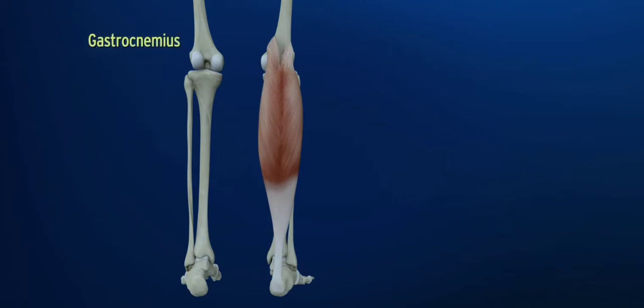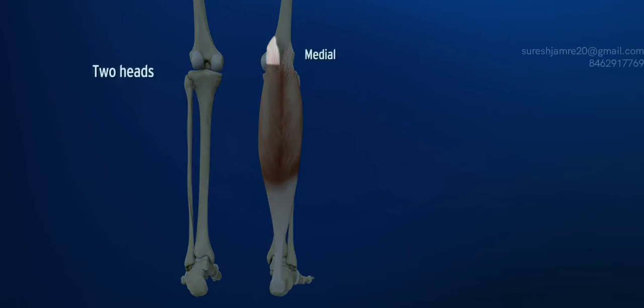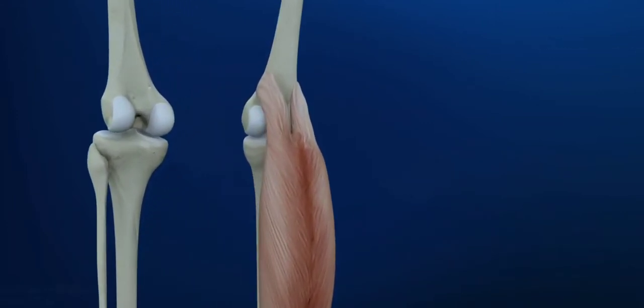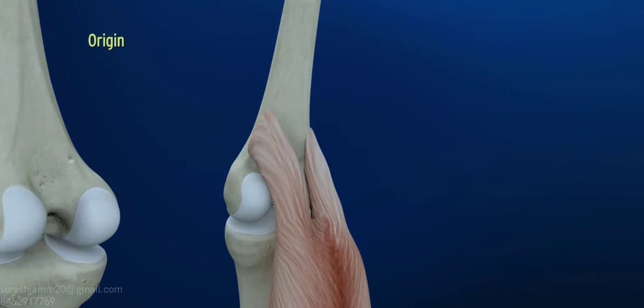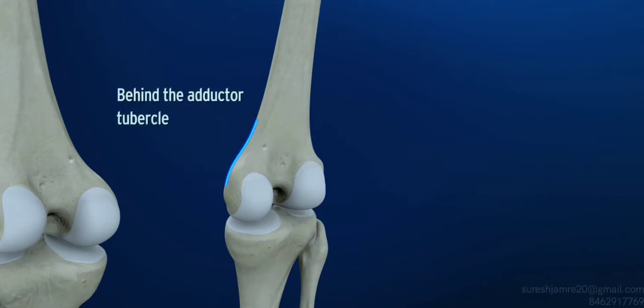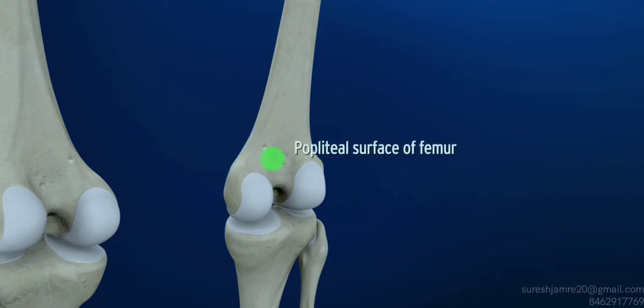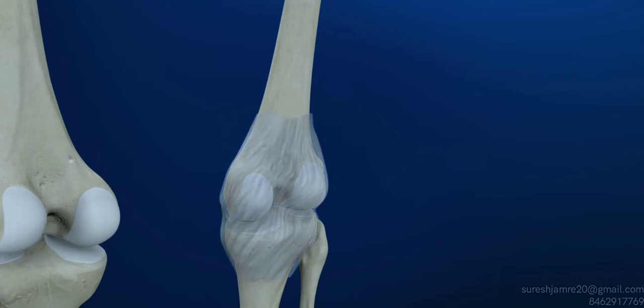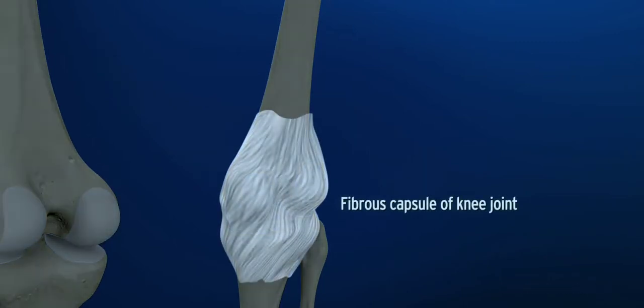Gastrocnemius. It is a large, powerful muscle which arises from two heads, medial and lateral. Origin. Medial head of gastrocnemius arises from medial condyle of femur behind the adductor tubercle, adjoining popliteal surface of femur, and few fibers from fibrous capsule of knee joint.